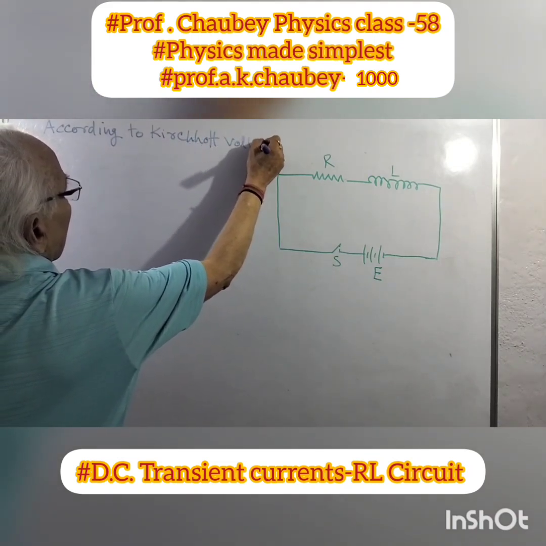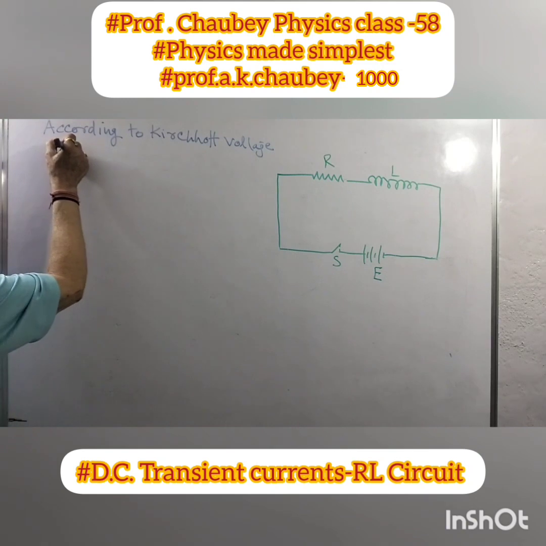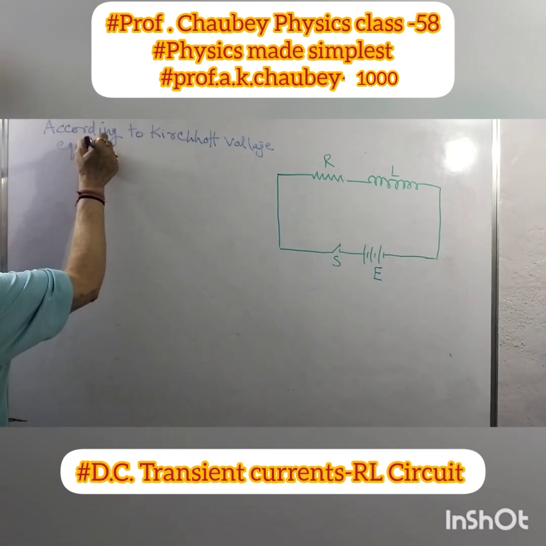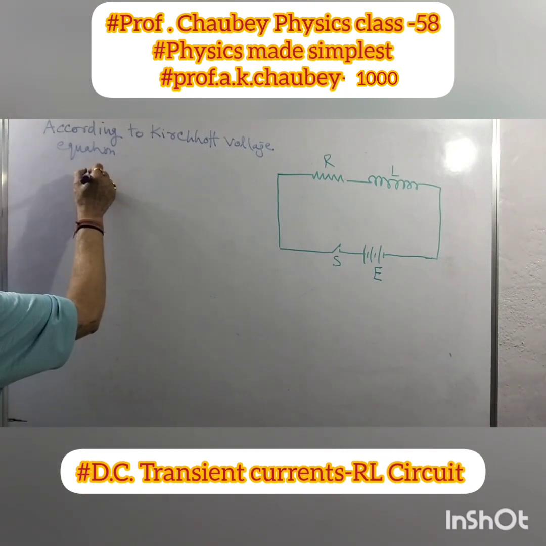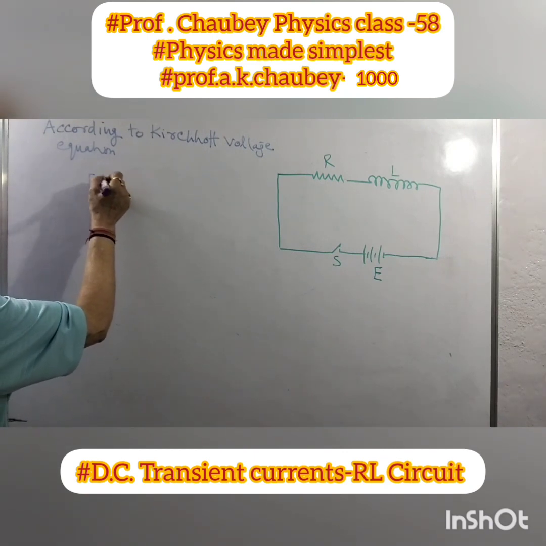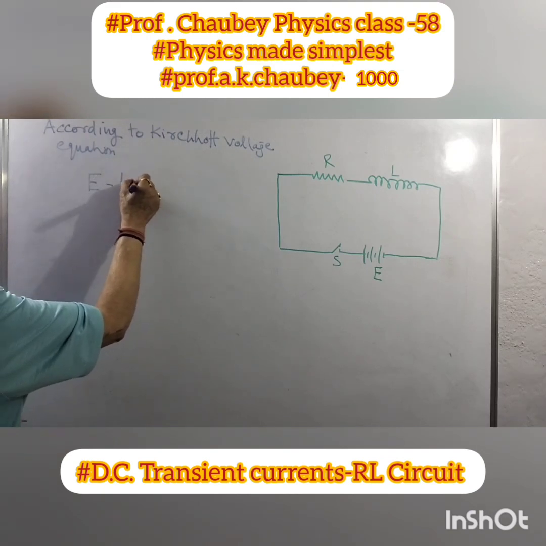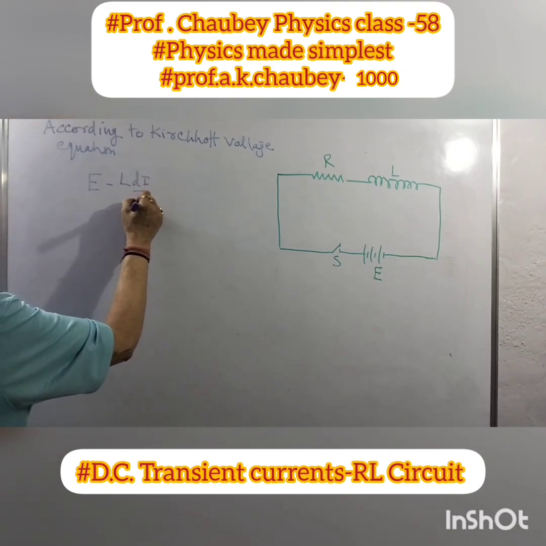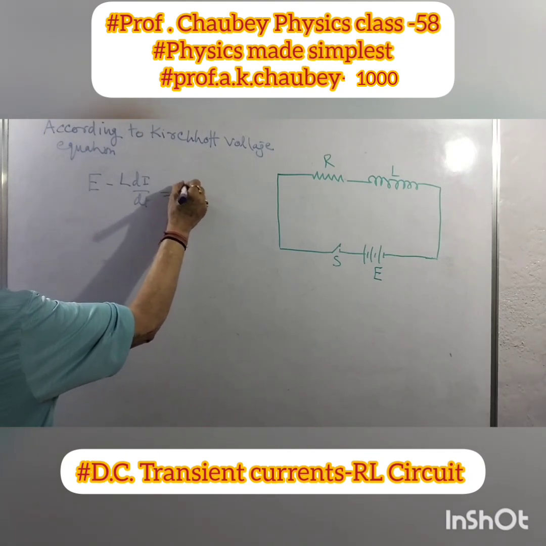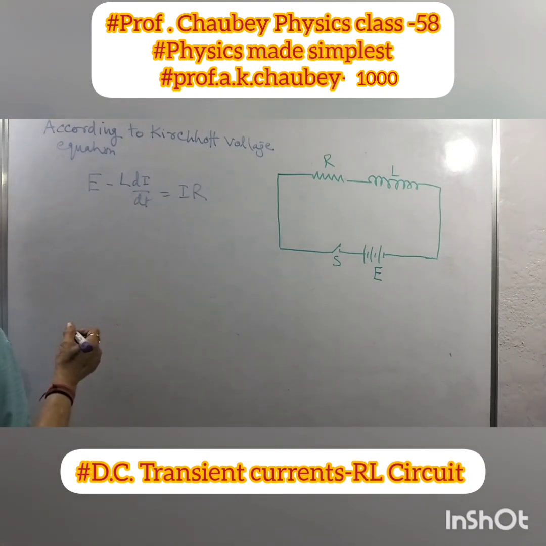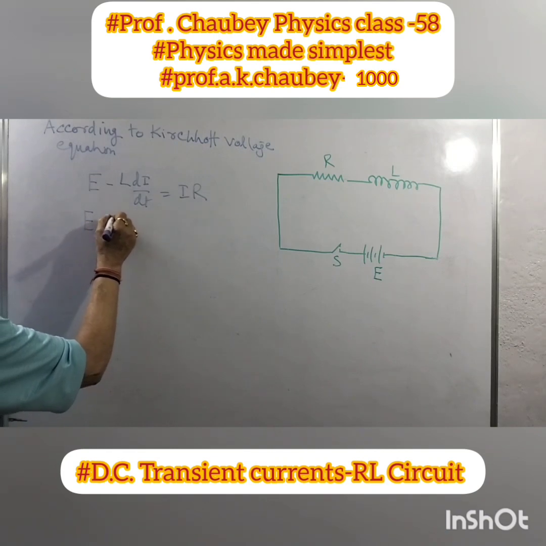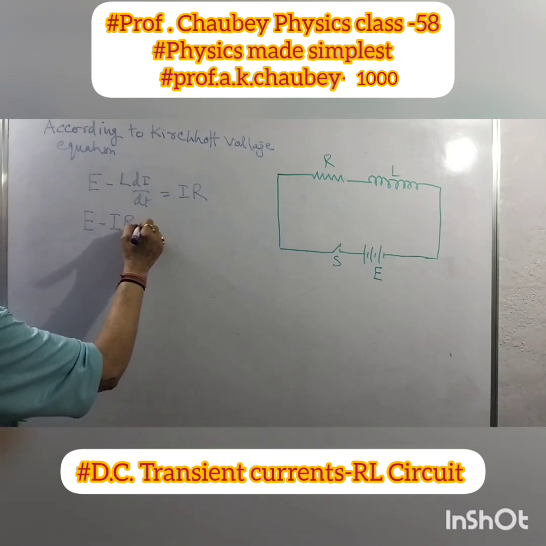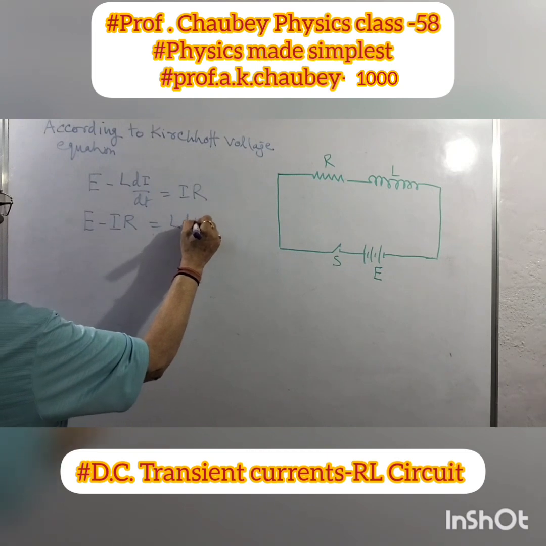What we wrote earlier, I write it again: E minus L di/dt is equal to IR. This is the equation. Or E minus IR is equal to L di/dt.